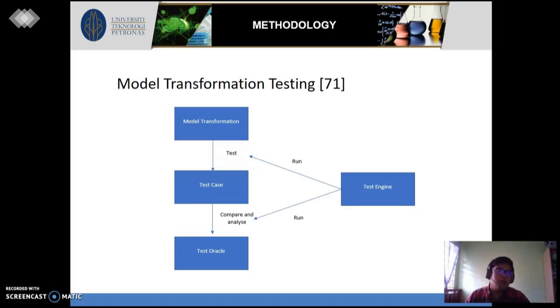We can compare the test result and what we have in the test oracle to see what the errors and flaws in the model transformation itself are. This test will be run by the test engine. All this process is run automated.